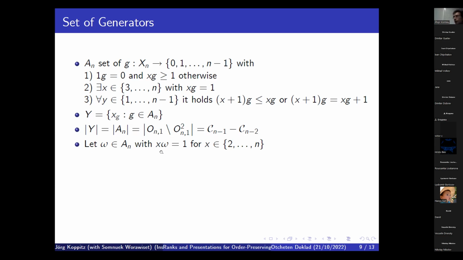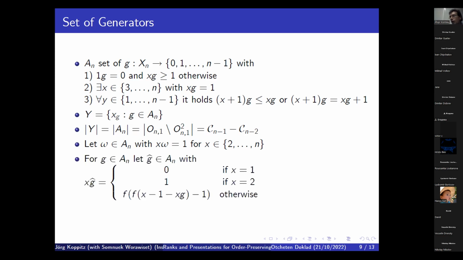That means 1 maps to 0 and the rest have image 1. This mapping in An is denoted by omega.